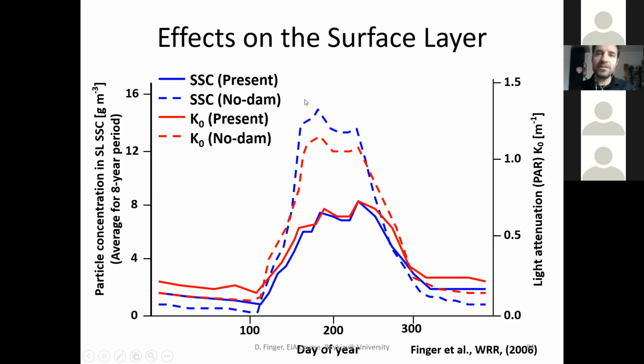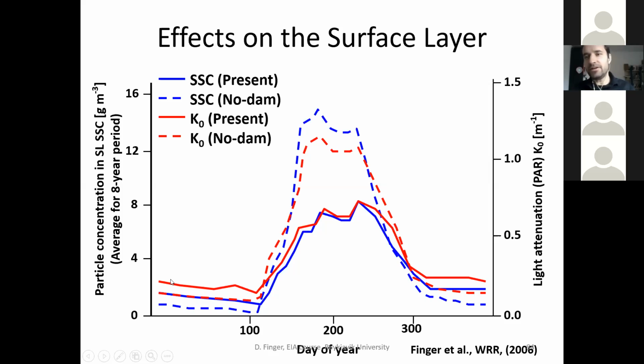We could see that during summertime, so this is a typical year, turbidity decreased and light attenuation decreased due to the construction of hydropower plants, because simply some of the sediment is being held back in the reservoirs. However, during wintertime, the hydropower reservoir increased the turbidity and also increased the light attenuation.